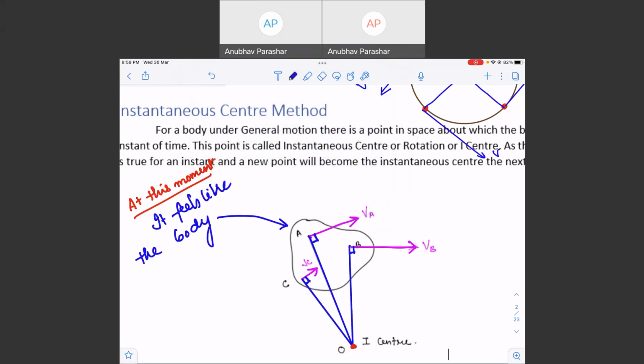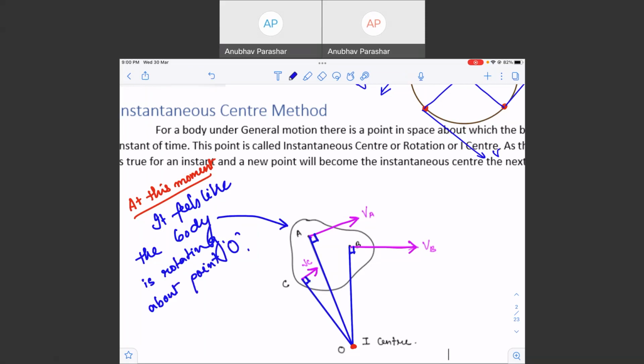The body is rotating. Rotating means it is having a kind of circular motion about point O.